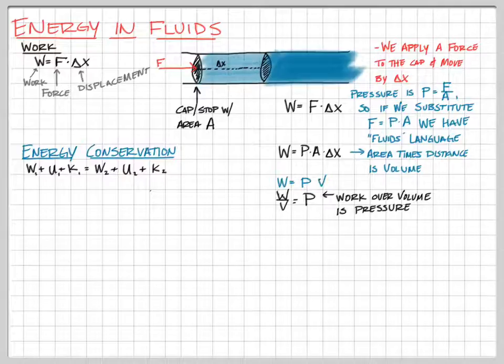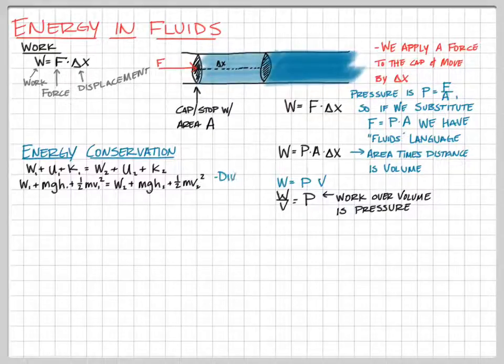That's our possibility for energy at a given point in the system. And that's equal to the same sum of energy at any other point. They may trade how much goes in different places. So that's going to be work plus mgh plus 1/2 mv squared. That is work, that is potential energy, mgh, that is kinetic energy.